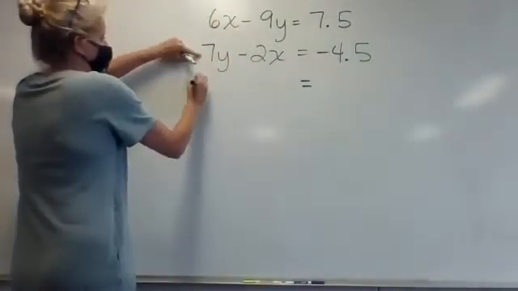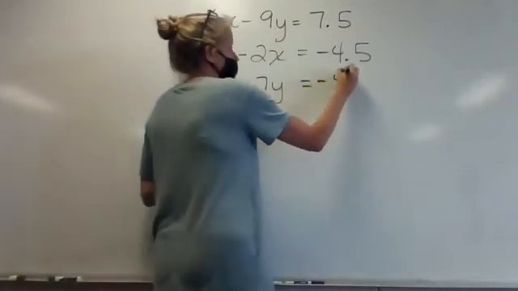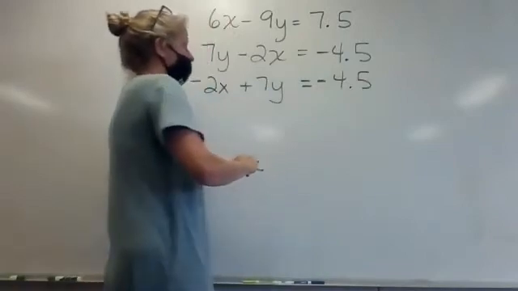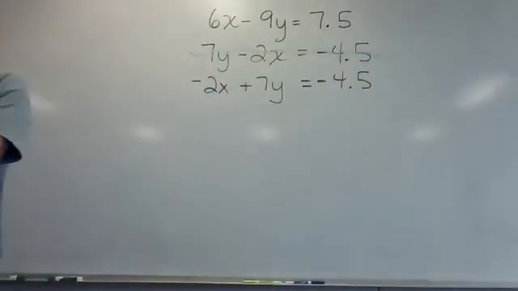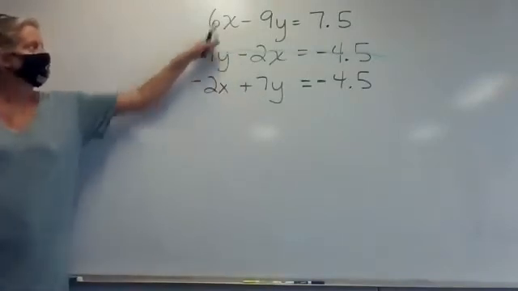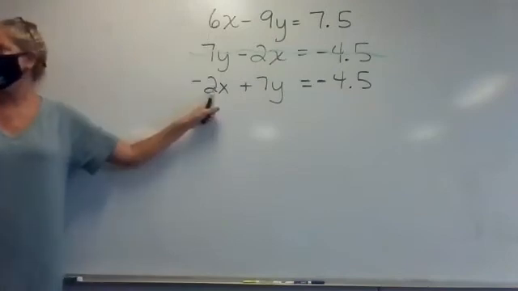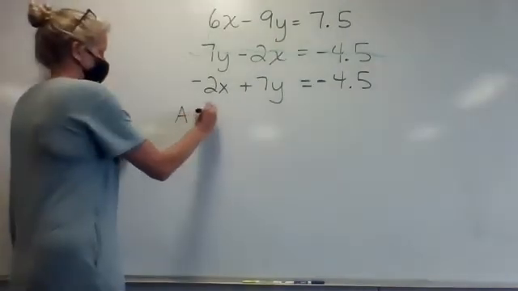So if I do that, I'll have -2x plus 7y equals -4.5. So just flip-flop the x and forget about that equation. So all I did was put the x under the x of the other equation. Now I can create my matrices.